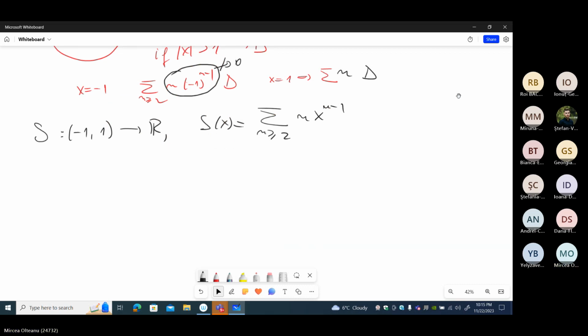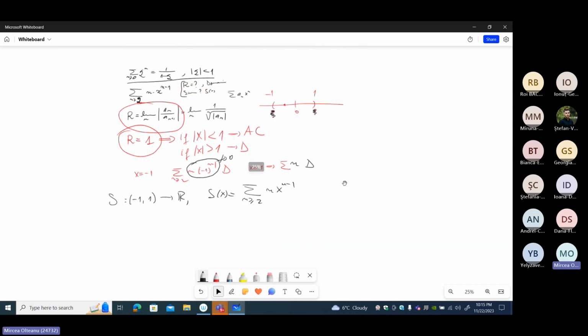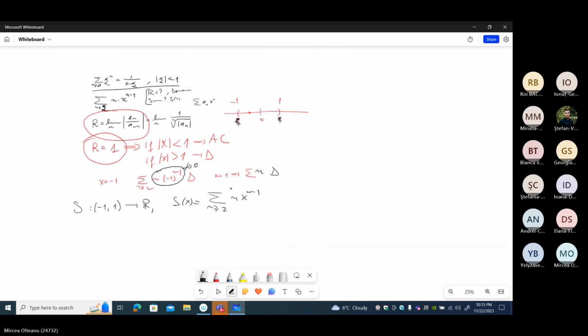In other words, think what we should do to this series in order to get a geometric series. So the idea is to use at some moment the result about geometric series. We need to observe that n times x^(n-1) is actually the derivative of who? Of x^n, of course.